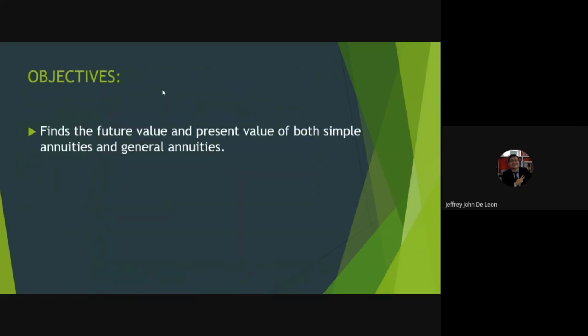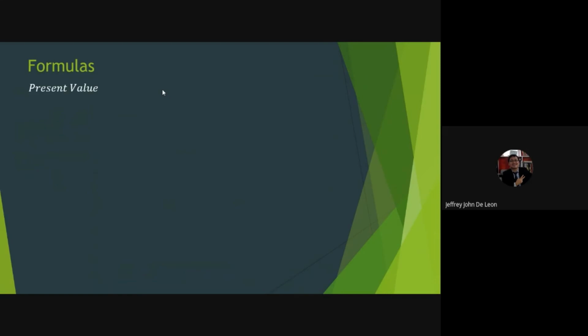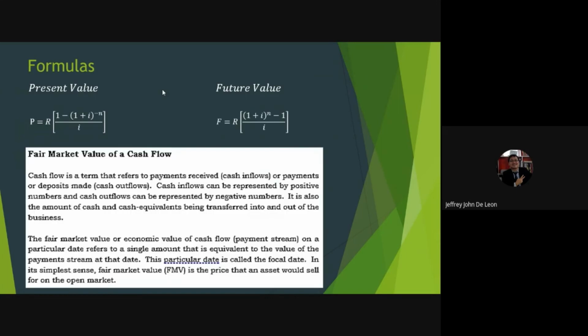For the next objective, we have to find the future value and present value of both simple annuities and general annuities. So let's have the formulas. Present value using this one, the future value using this one. What is the fair market value of a cash flow? Cash flow refers to payments received, or cash inflows, or payments or deposits made, cash outflows.